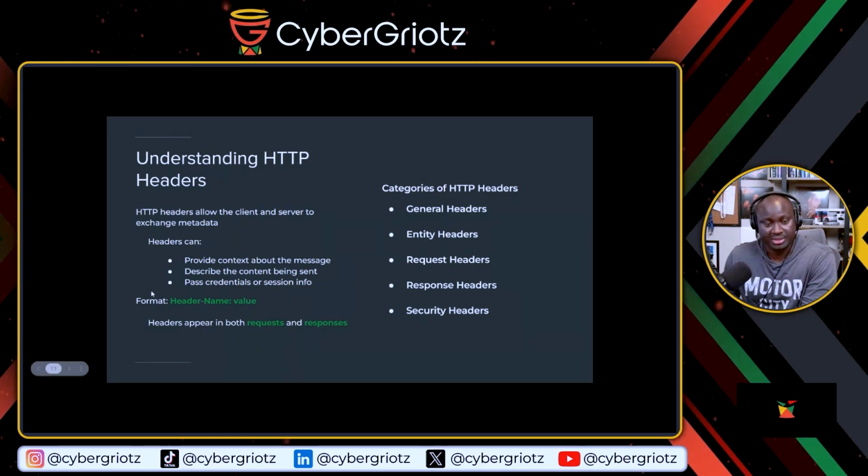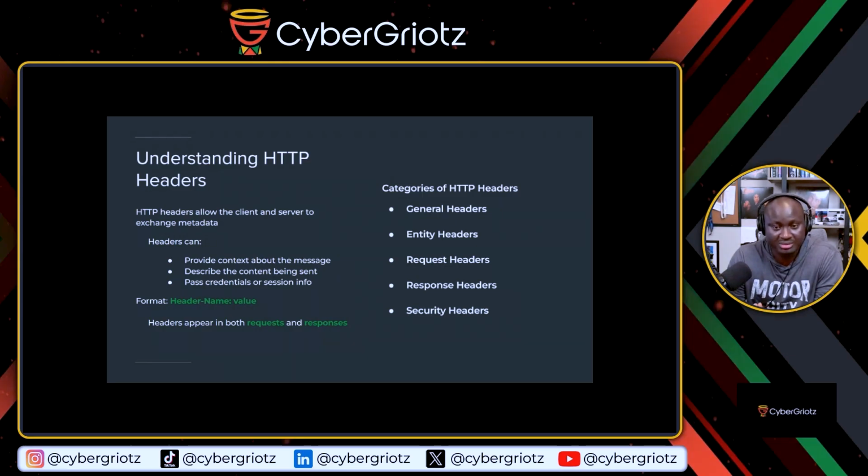HTTP headers can be broken down into several categories. Over here, we can see general headers, entity headers, request headers, response headers, and security headers. A lot of times what they do is provide context about the message.